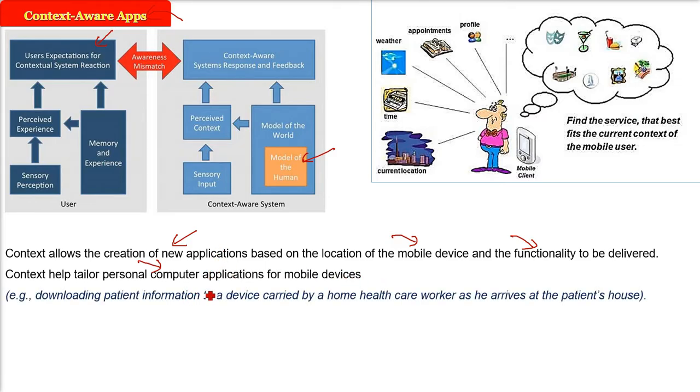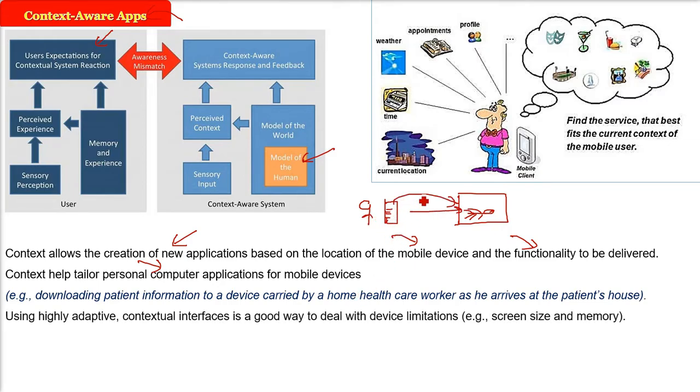I'll give an example. For example, there is a doctor or health worker. Now he wants to see someone as a patient in his house. Now the home health worker has a mobile device or an application. He gets all the information, and this is so good. Before going to the patient, he gets all the information on his app, on his mobile.